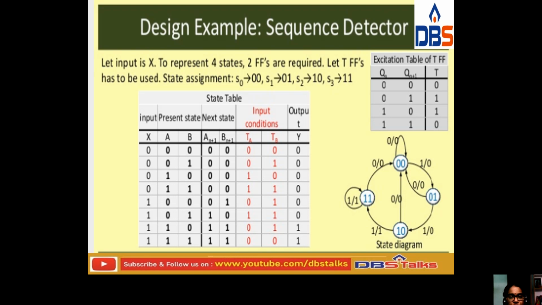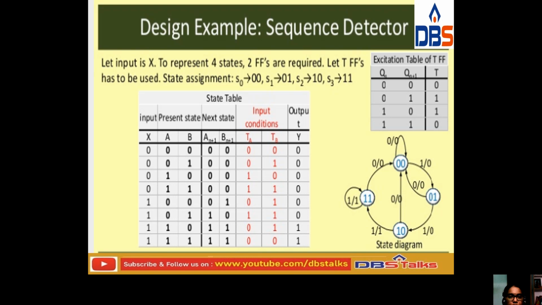So this is the excitation table of the T flip-flop, and this is the output of the T flip-flop. At 00 it is 0, 01 is 1, 10 is 1, and 11 is 0. Just like an AND operation, at 11 we would get 1, but here in the excitation table of the T flip-flop, the value for 11 becomes 0.